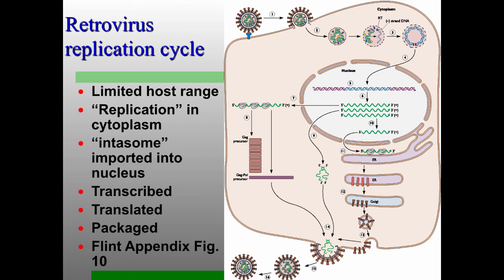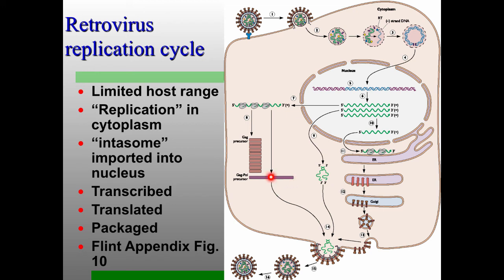Once you're integrated into the host genome, this gets transcribed by cellular machinery, translated by cellular machinery. In the translation, you end up with mostly structural proteins, but occasionally you'll have a frame shift or translational termination suppression and make this polyprotein, which includes all of the enzymatic proteins.